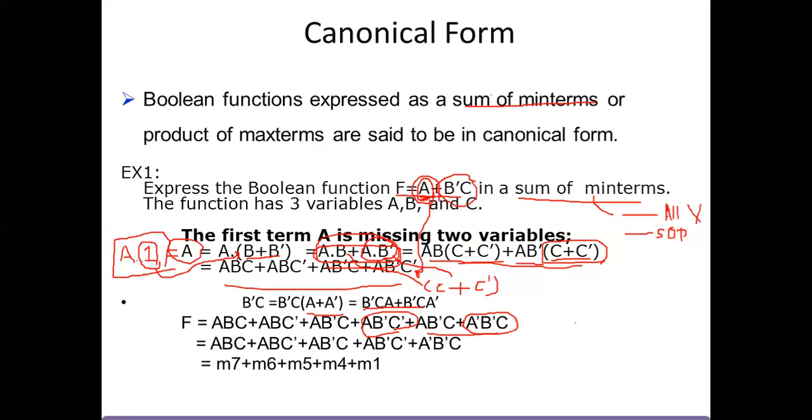So A plus A equals A. So you can write this expression, not repeating the same twice. So we'll get an expression like this. So this is the sum of min terms form of A plus B dash C, or canonical form. So now you know how to convert any given expression into sum of min terms.